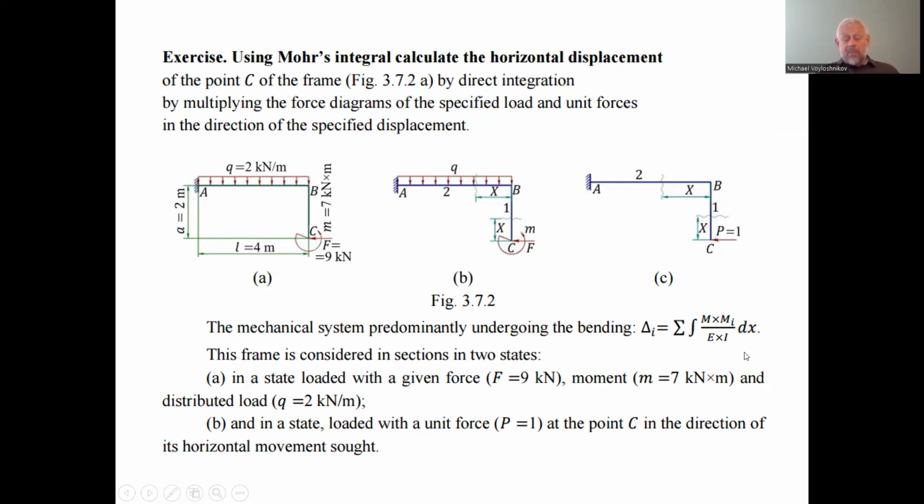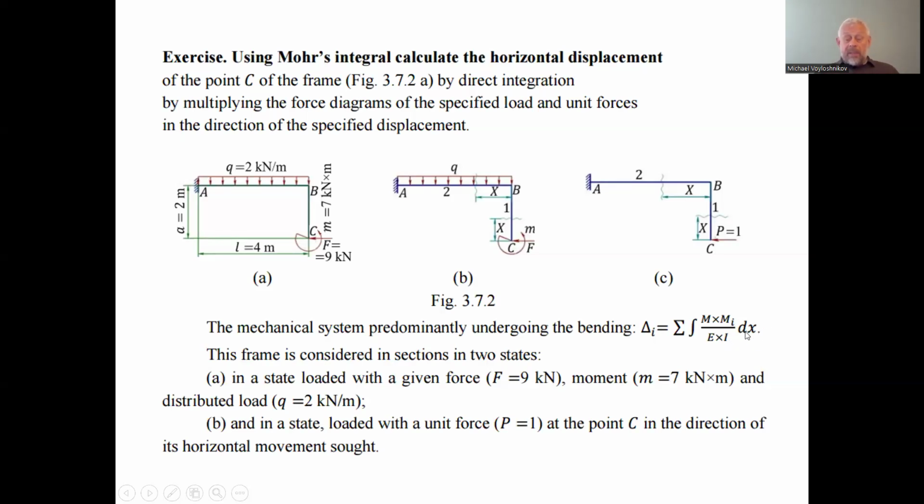For the Mohr integral, we have to find the limits of the integration, from 0 to the end of the element. So these limits of the integration are adopted for each definite element of the mechanical system in the sequence of the consideration when finding the displacement by the Mohr integral.